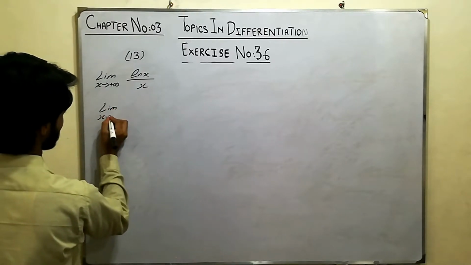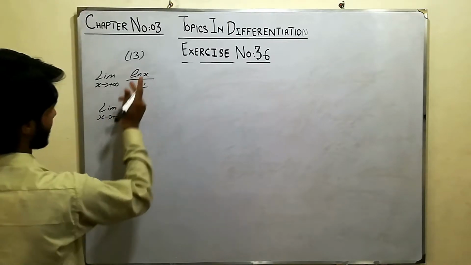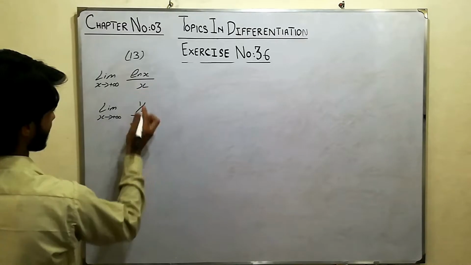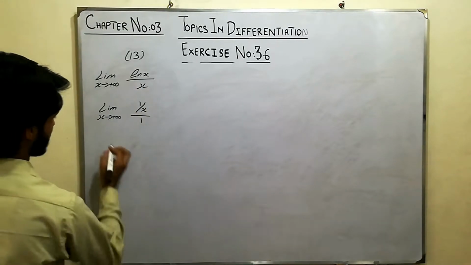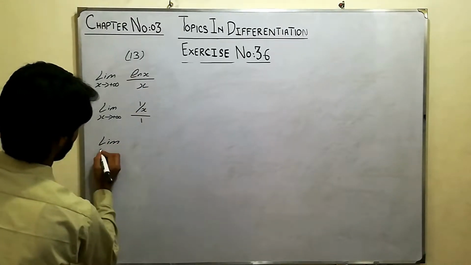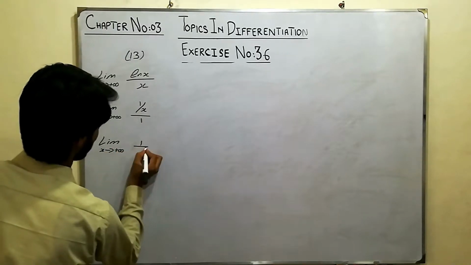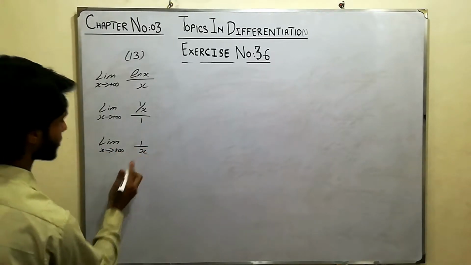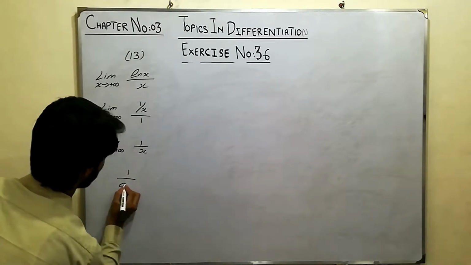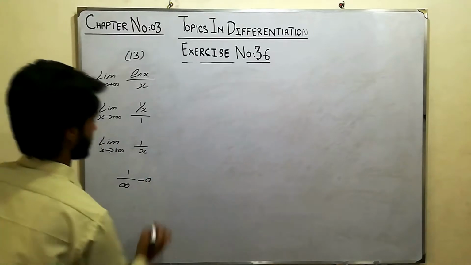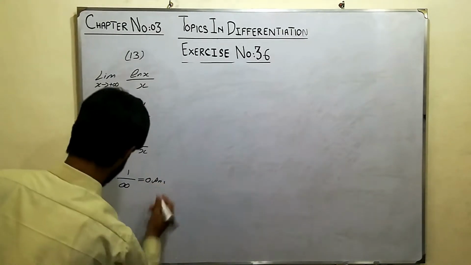The derivative of ln x is 1 by x, and the derivative of x is 1. So we have the limit as x approaches plus infinity of 1 by x. If we put the limit in that function, we have 1 by infinity, and 1 by infinity is equal to 0. So that is our answer.